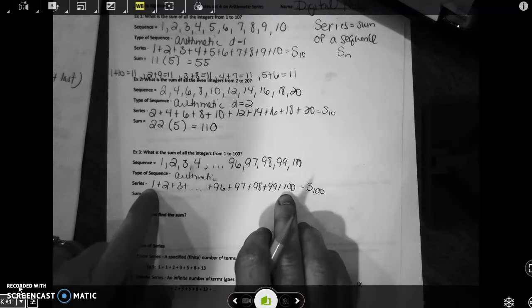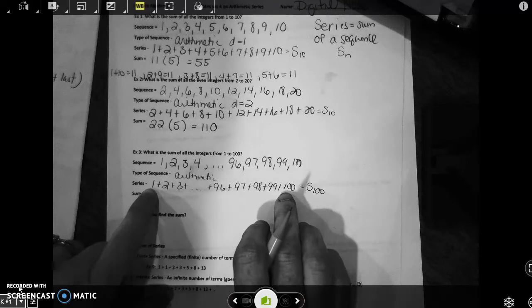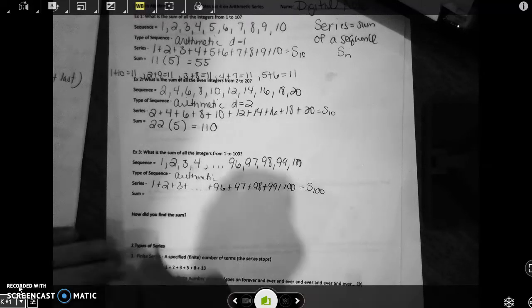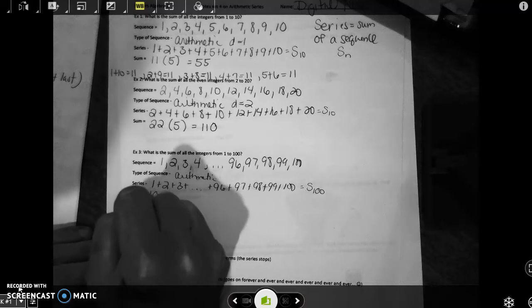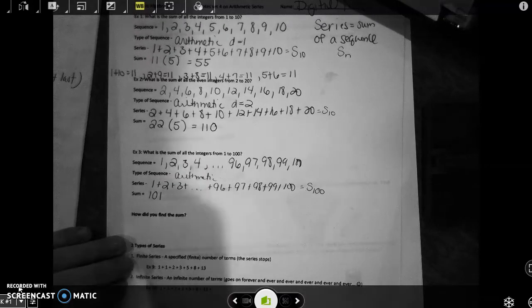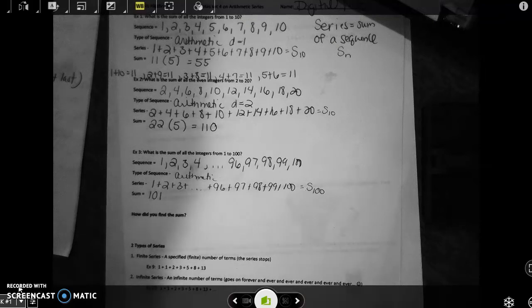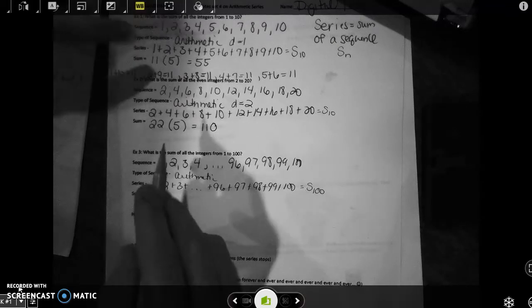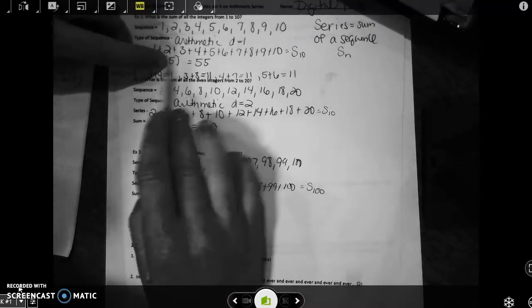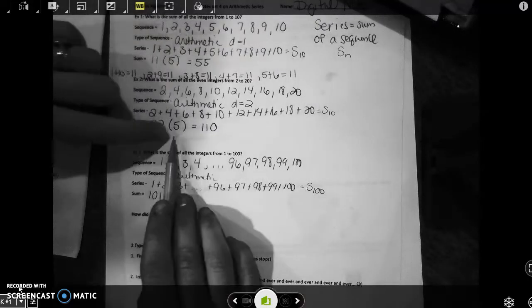So same idea, 1 and 100 is 101, 101, 101, and so on. So how many pairs would we have that add to 101? Well, by now, you've probably seen how we can find the number of pairs quickly. So if I go back to example 1, how did we get 5 pairs?